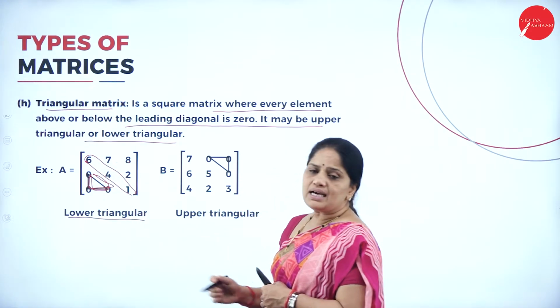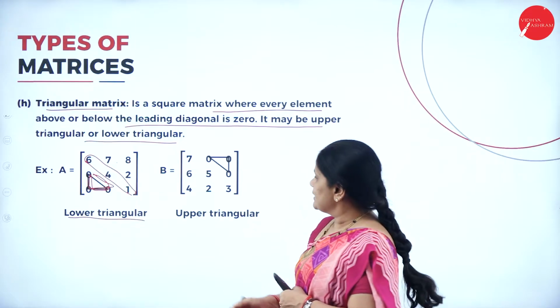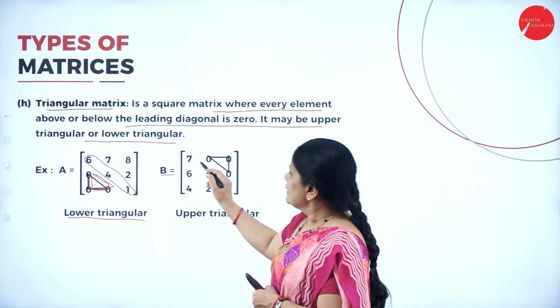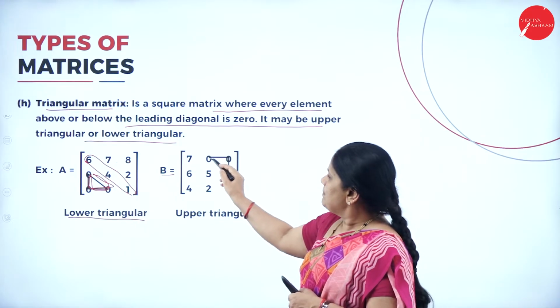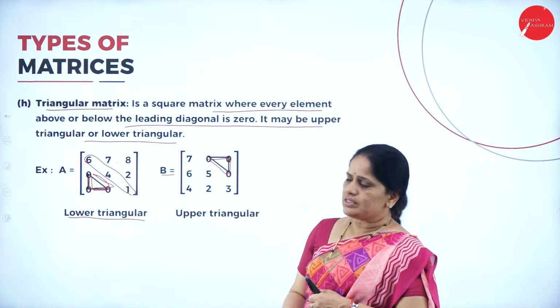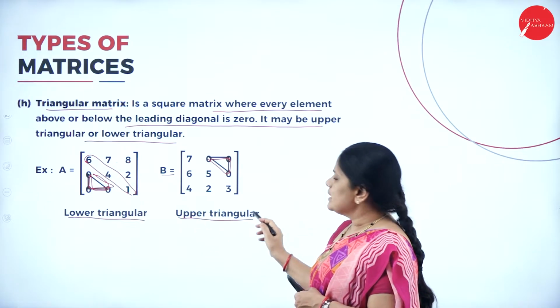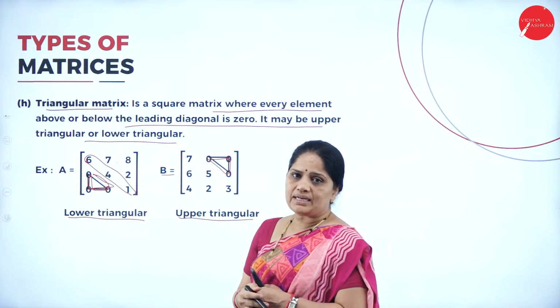So we call it the lower triangular matrix. Now in this B, we have all the numbers on the lower side. On the upper side we have a triangle of zeros, and we call it the upper triangular matrix.